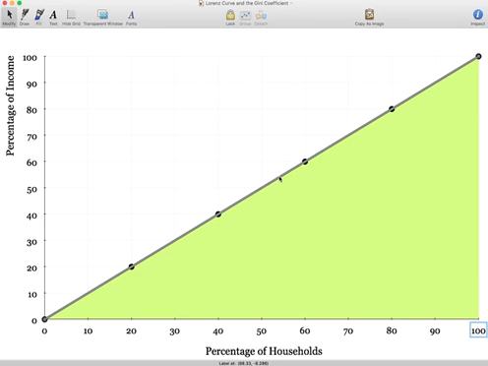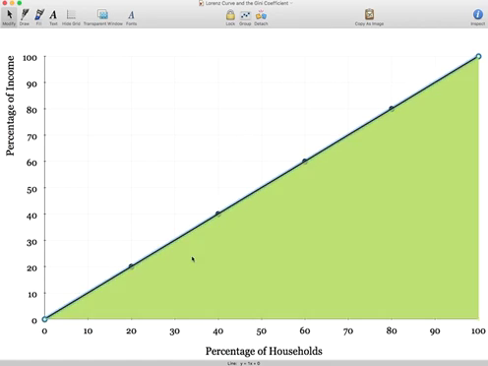Now if you take a look at this line here, this line is very important. This line represents perfect income equality. That is, every single person in a country or an economy, as we are measuring it, has the same level of income.